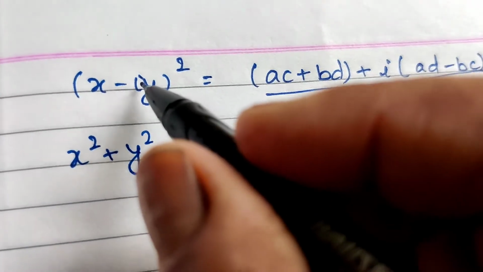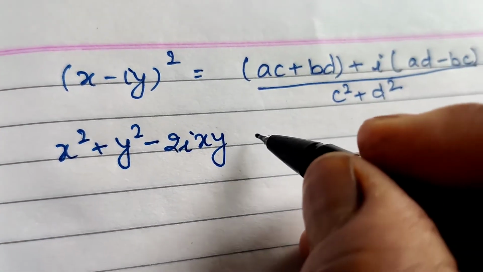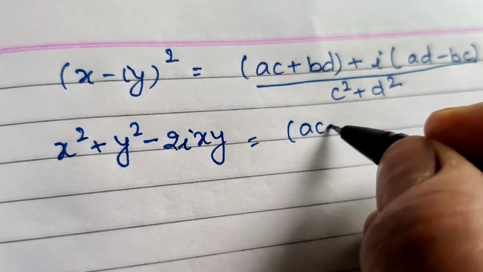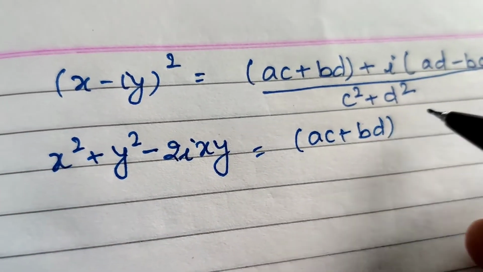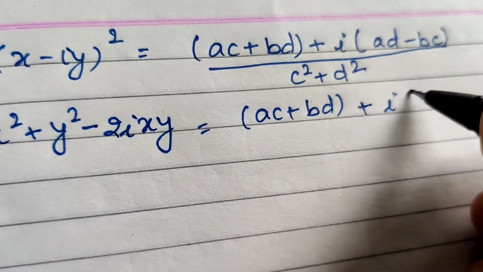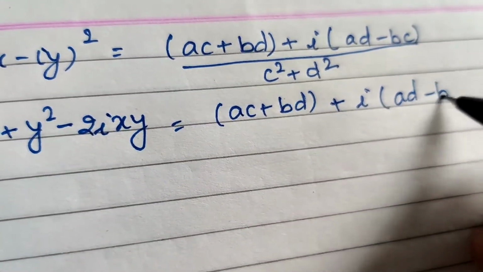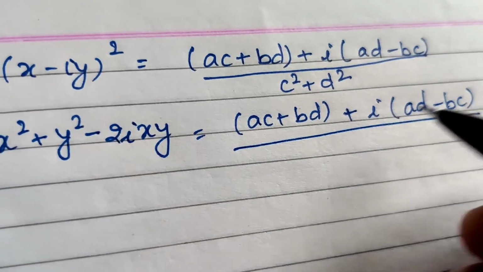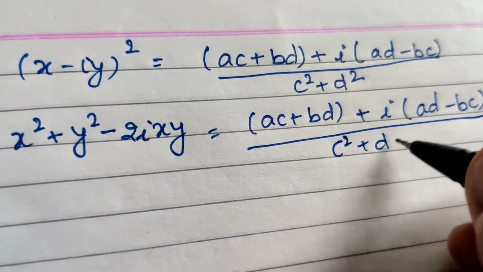Now open the terms: x square plus i square y square minus 2i xy. We know that i square equals minus 1. That's why this is equal to (ac plus bd) upon, i(ad minus bc) by c square plus d square.